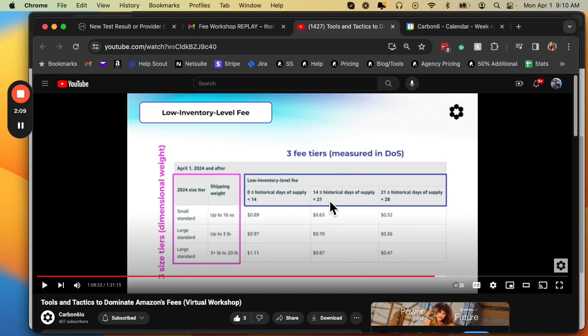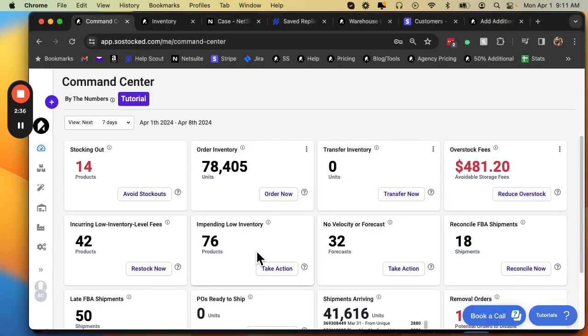They call it the low inventory level fulfillment fee. There's a chart that shows you, based on the size of your product, how much you're going to be charged based on how many days of supply you have. If you have more days of supply, like between 21 and 28, you'll pay a slightly smaller fee. If you have less days of supply, you'll pay a little bit higher of a fee. Okay, so that's basically how the fee is structured.